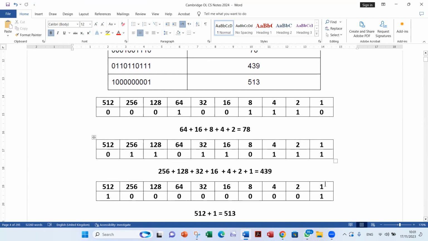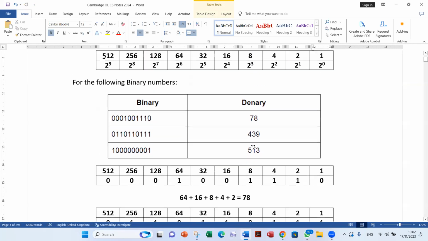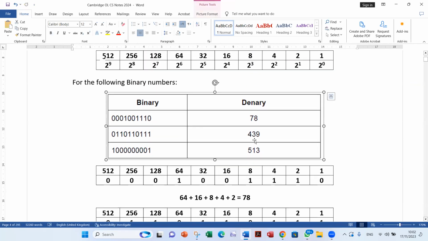Same for that pattern. The last pattern is very easy because it is 1 here, 512, plus 1 there, plus 1, that is 530. However, the point is, this is a very recent question. Now, in past paper, they don't give you lots of time to do conversion. They give you a bunch of 3 numbers to convert them all together.